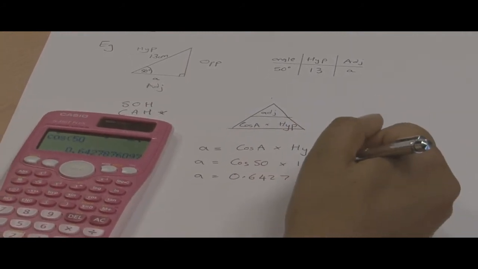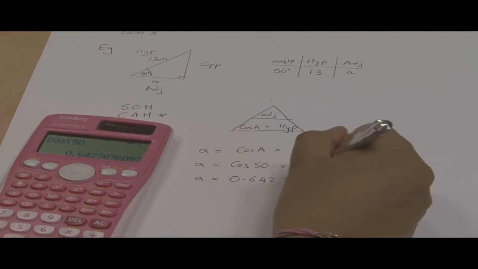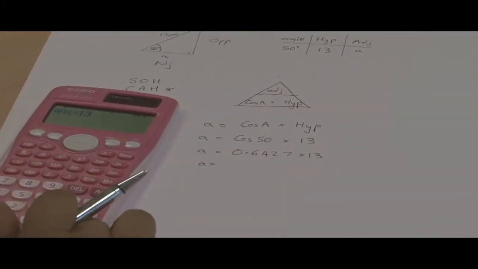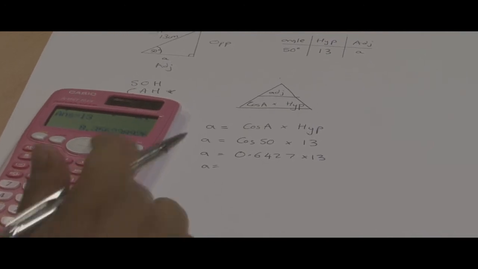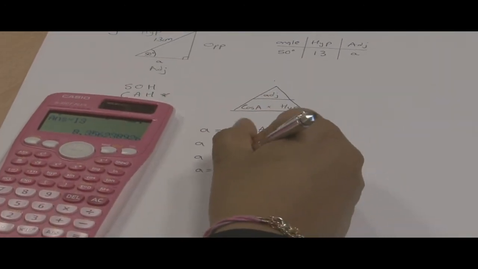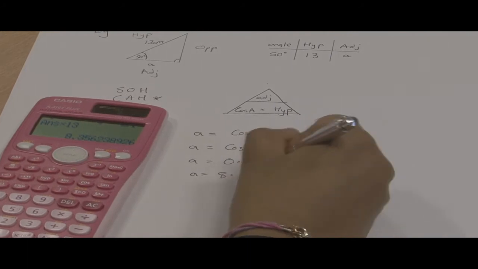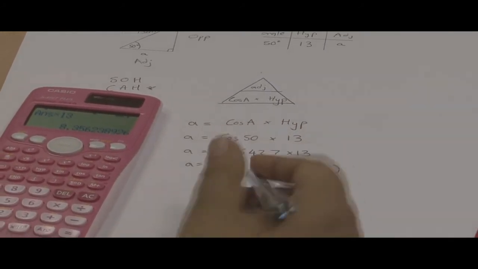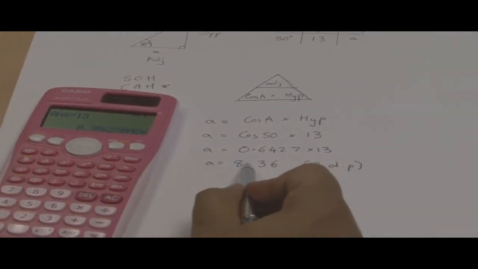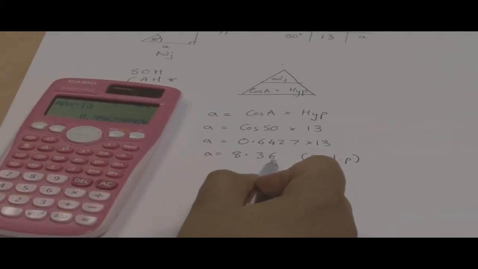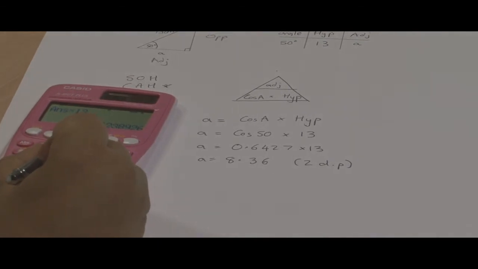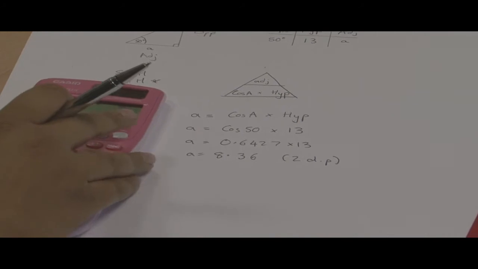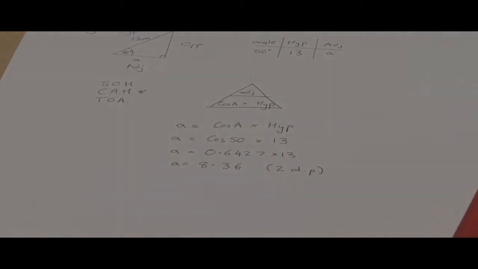Just leave that on your calculator, times that by 13, and it gives us 8.36 to 2 decimal places. 2 decimal places means after the decimal point there's 2 numbers. Because the third number was 6, we'll round the 5 up.